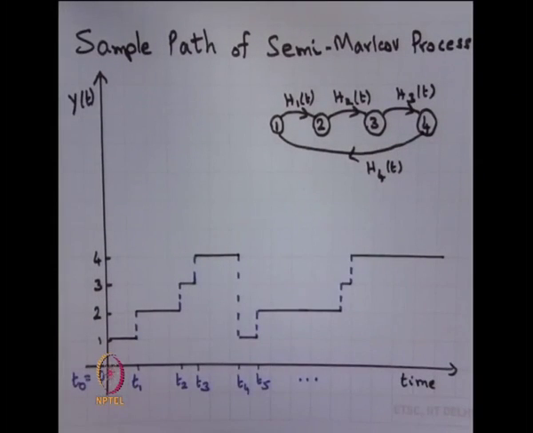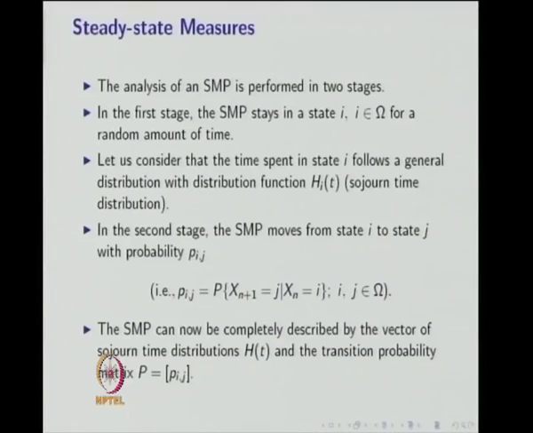In the second stage, the SMP moves from state i to j with probability pij, where pij is defined as the probability that the system was in state i at the nth time instance.